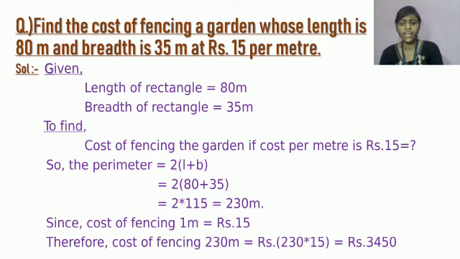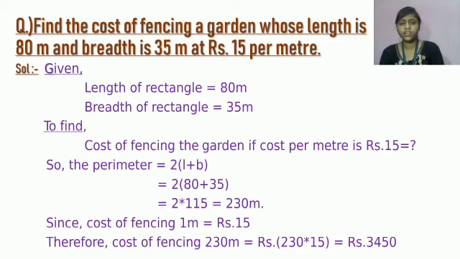So you can easily calculate the perimeter of the rectangular garden, that is 2 times (length plus breadth), is equal to 2 times (80 plus 35), is equal to 2 times 105, that is 230 meter.